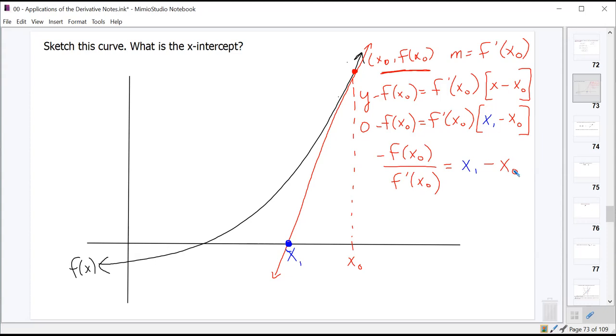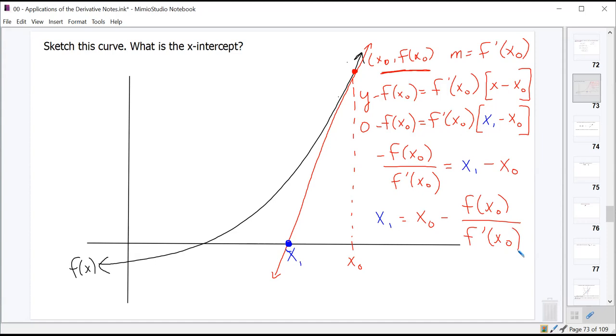Adding an x naught over to the other side of that should give us x1 is now equal to x naught minus f of x naught over f prime of x naught. So a little bit of algebra there, but not too terrible.